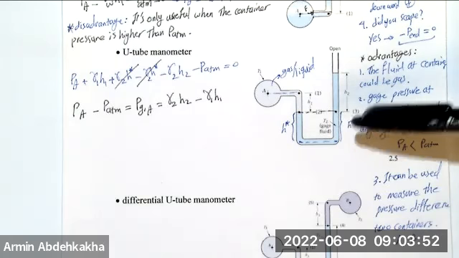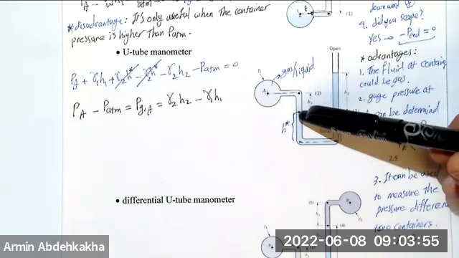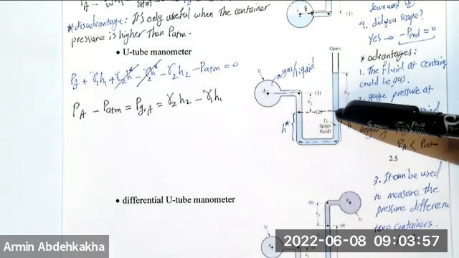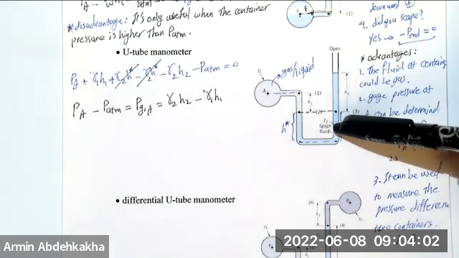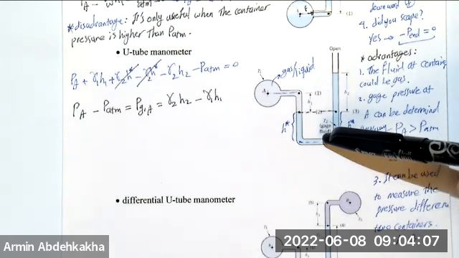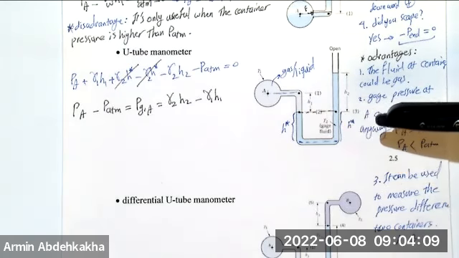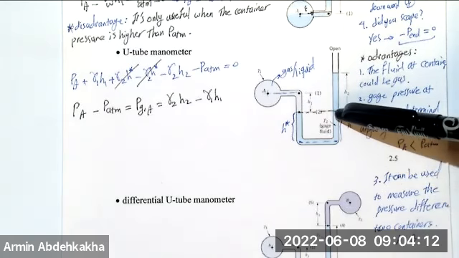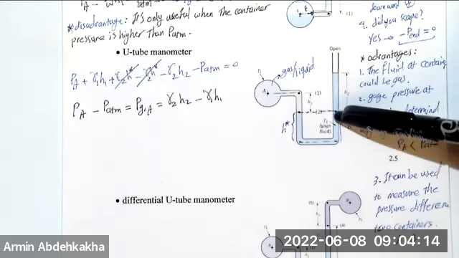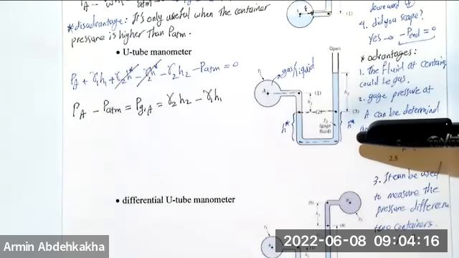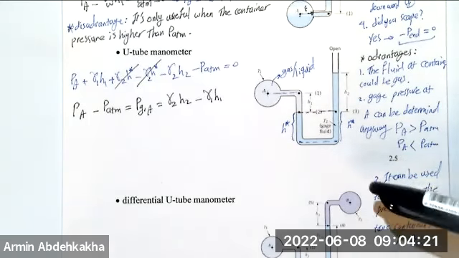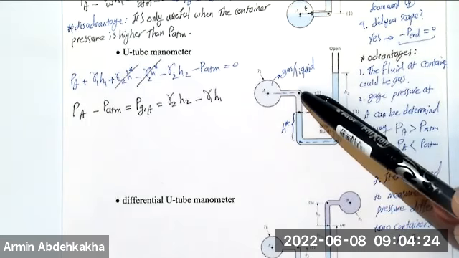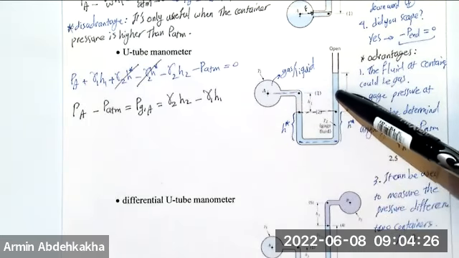But why don't I like this method? Because if you have a liquid here and the interface is lower than that, you cannot use it. You cannot jump from here to here. Why? Because you don't know the pressure difference here. As long as you are in the same fluid, you can move horizontally. But if you have two fluids, for example, you cannot move from this point to here.